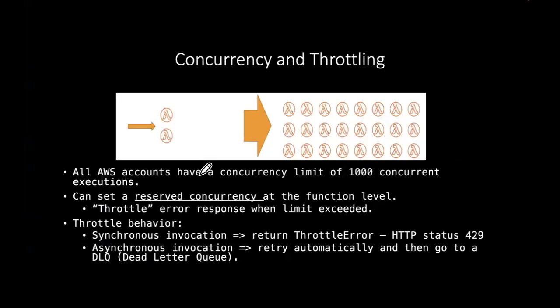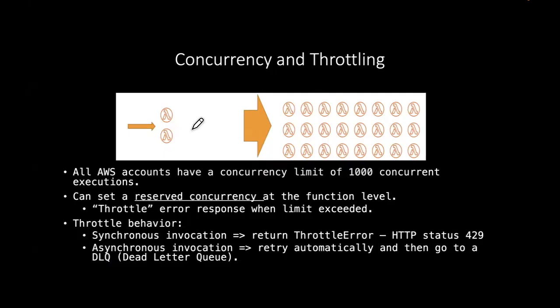What's next? Concurrency and throttling. I did mention this the last time as well. In general, if you've got this Lambda and some sort of event source, it doesn't really matter what the event source is, but suppose there is a high volume of concurrent events targeting your Lambda. The Lambda service won't just feed those events one by one to your micro VM.